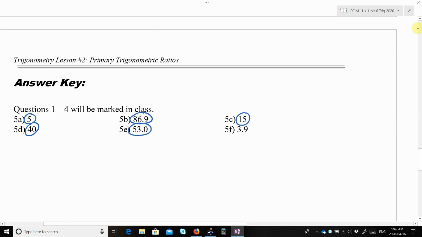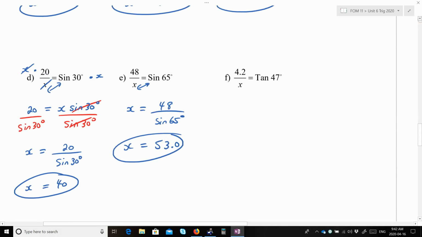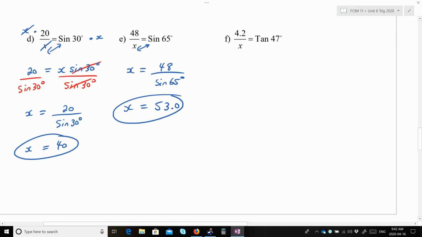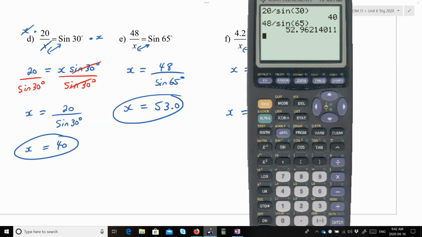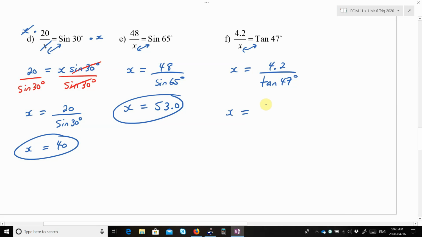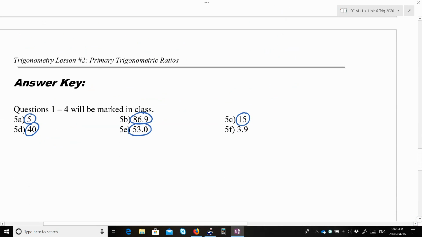There's our 53.0. And again, these switch, so we will get x equals 4.2 divided by sine 47, and we get 3.9. And is the answer down here 3.9?